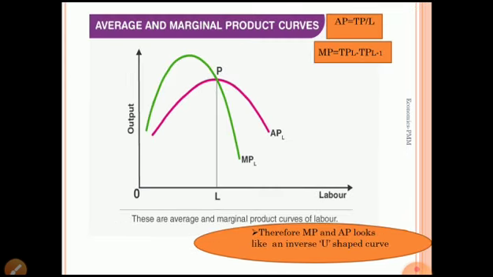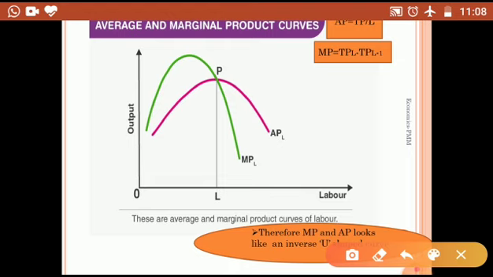Moving on to the next two important curves, AP and MP. Now the green line shows that marginal product will go on increasing and then start declining. Similarly, average product also starts increasing, and after a certain point it starts decreasing.